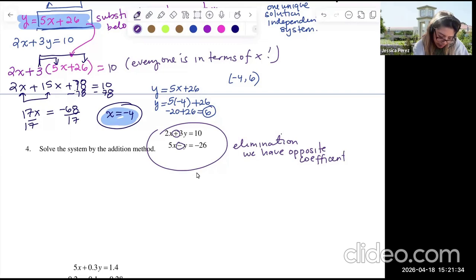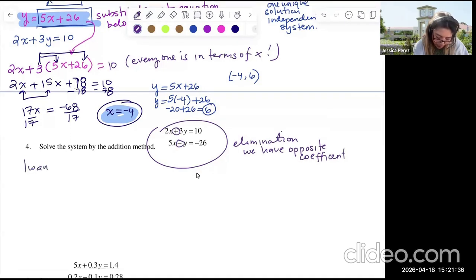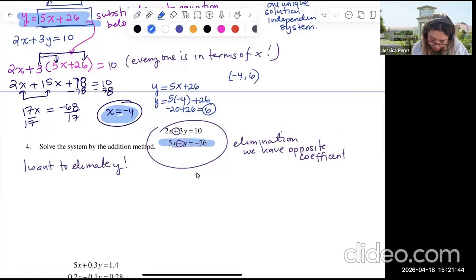I want to eliminate y. To eliminate y, I'm going to have to multiply the bottom equation by a positive 3. So the top is 2x plus 3y equals 10.